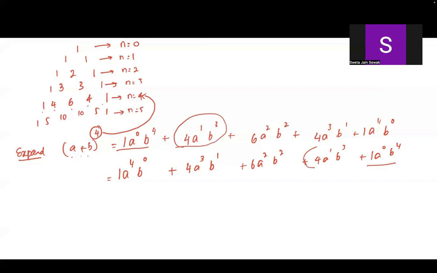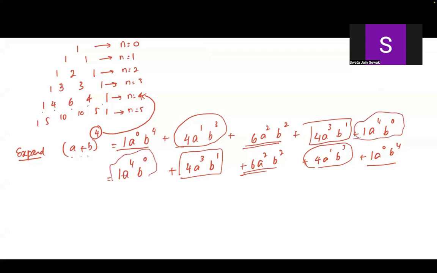Here my second last term is 4, a cube, b power 1, and so on, and finally our first and last term here. I hope that's clear.